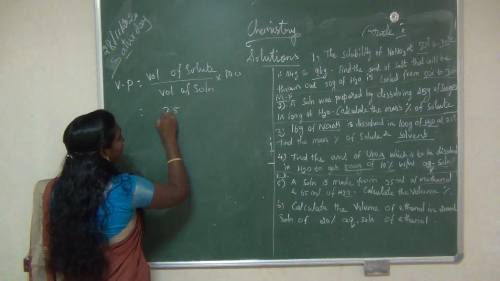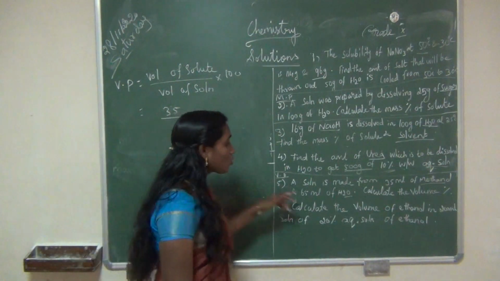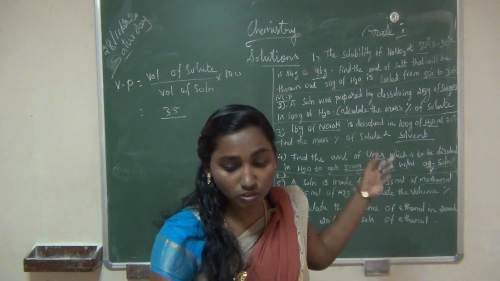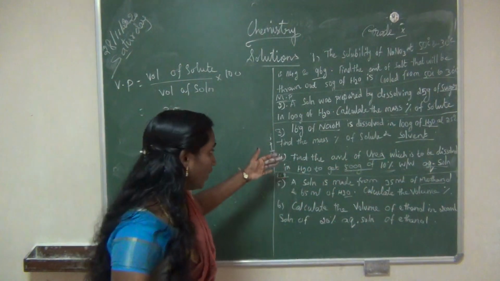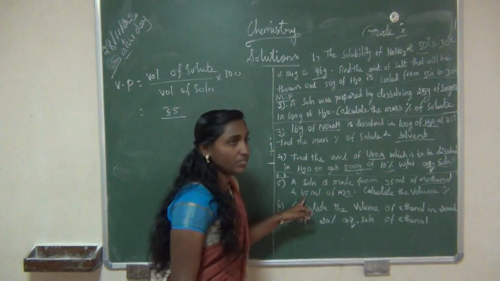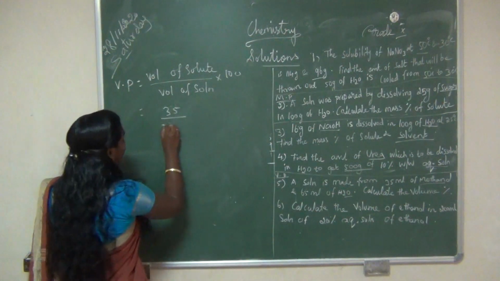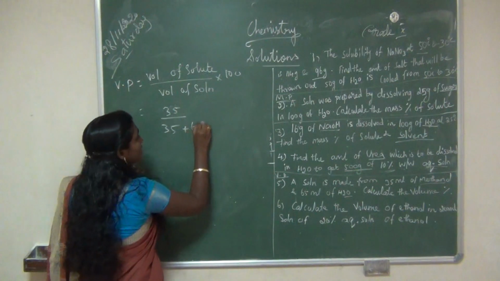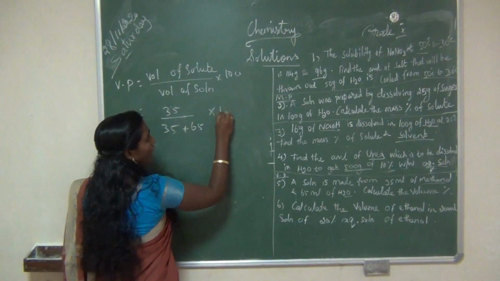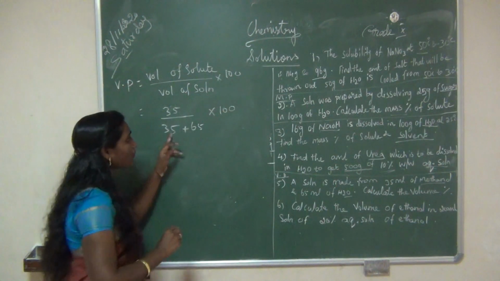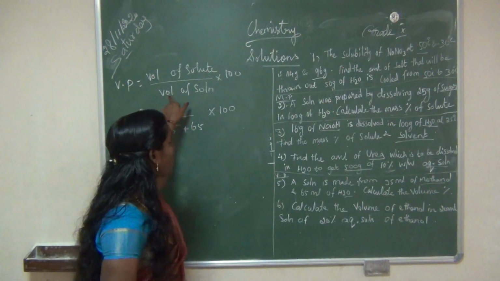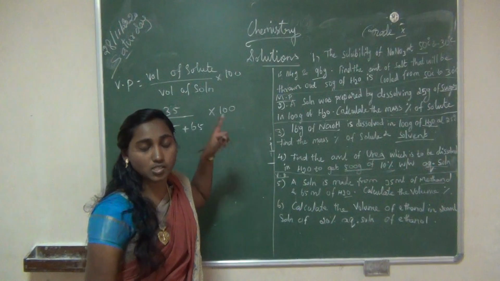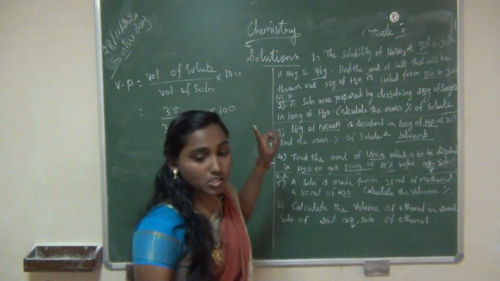So 35 divided by volume of solution. Here volume of solute and solvent are given separately, so we need to take solute plus solvent. So 35 plus solvent 65 into 100. 35 plus 65, that means volume of solution contains solute and solvent, right? Solute and solvent.